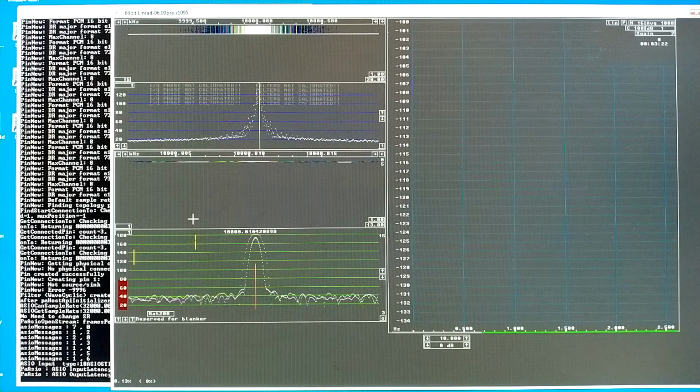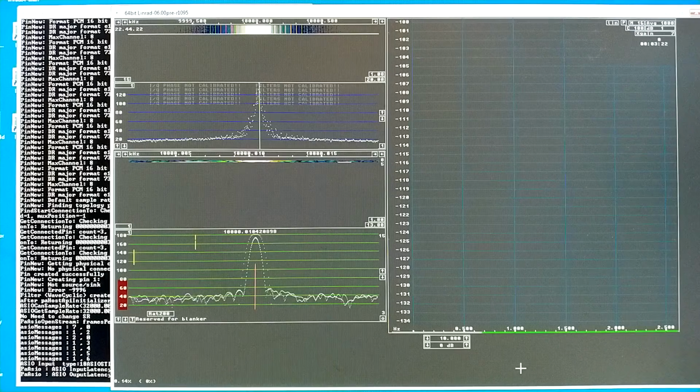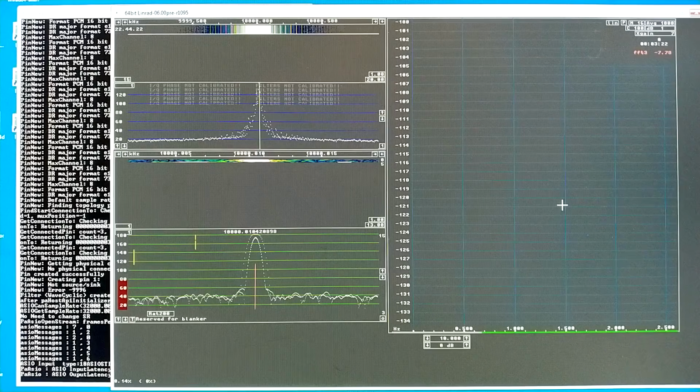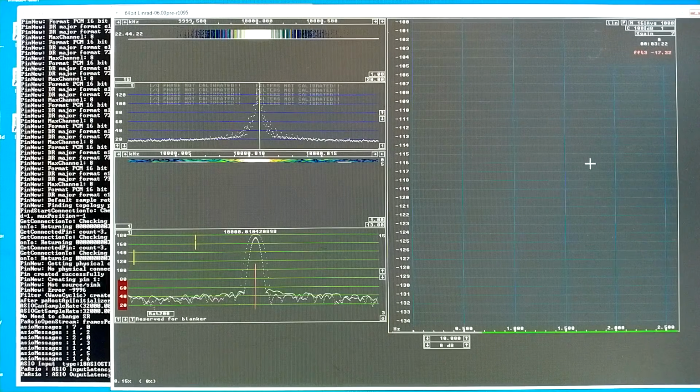Like that. And then the phase noise will start to appear in the phase noise window here. The first value is not right because that had the frequency jump, so I will skip the first couple of transforms.